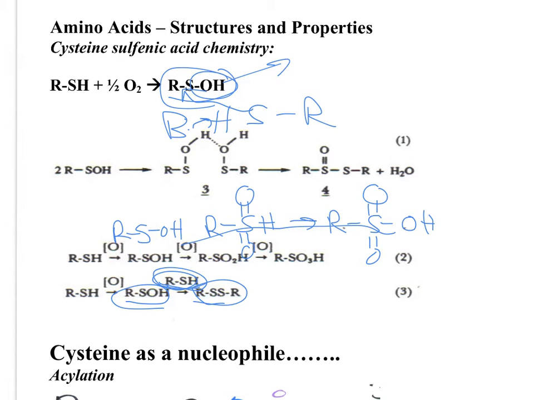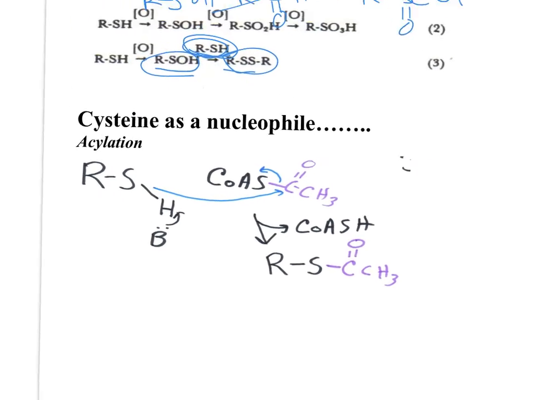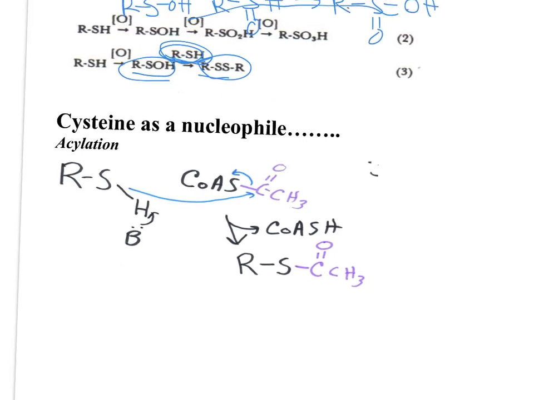Stoichiometrically, we have one proton and one OH that are released, so that is where the water comes from. So you add the two together. In this way, you can see that the sulfenic acid is a reactive molecule that can be made from cysteine side chains, and cysteine is a pretty good nucleophile.